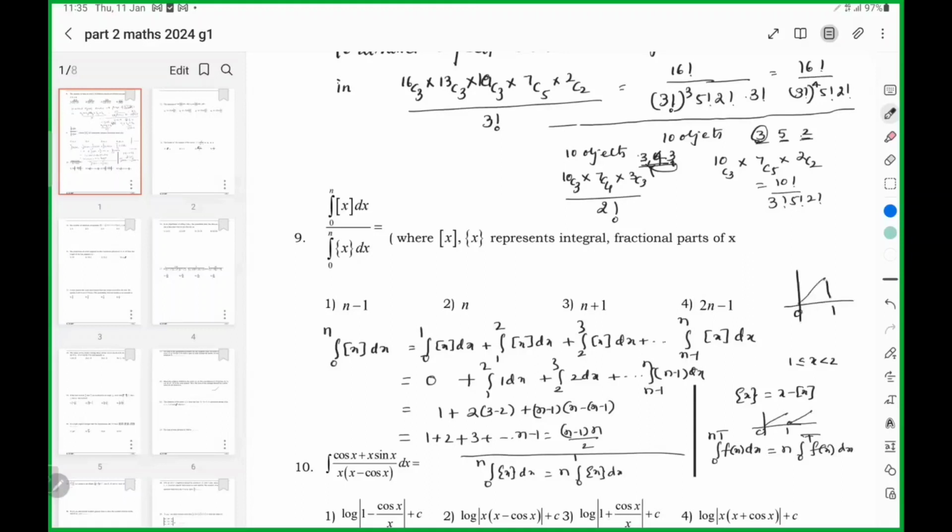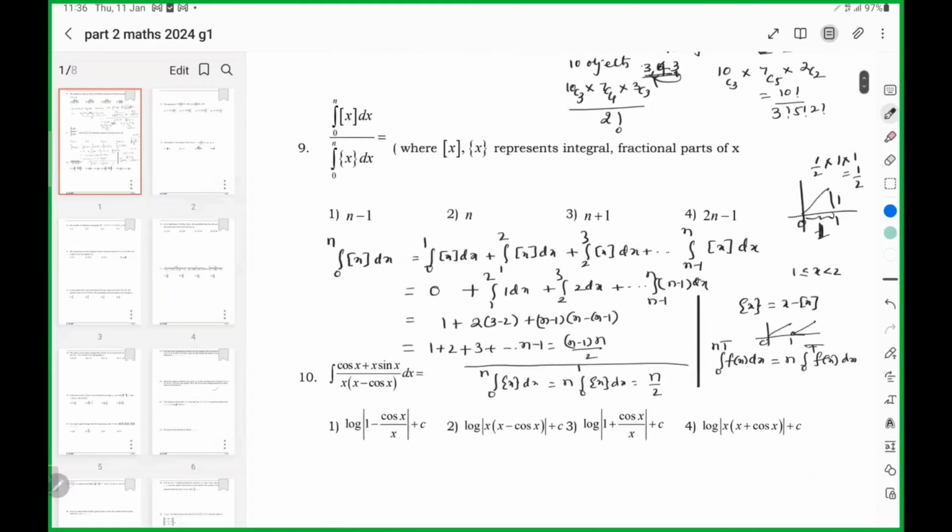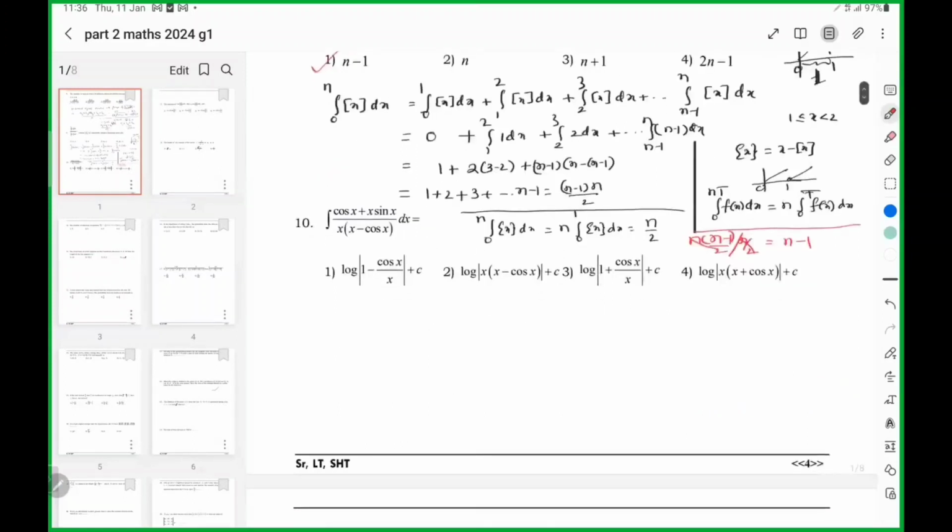If you integrate the fractional part from 0 to 1, its area is half into base 1 into height 1. We get half. So this is nothing but n by 2. Now the final answer: numerator we got n minus 1 by 2, denominator we got n by 2. N by 2 gets cancelled. So the first option is correct.